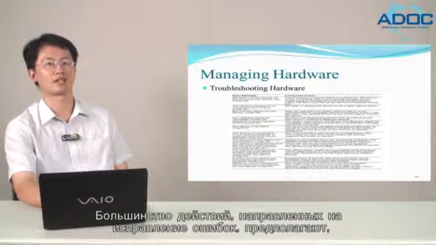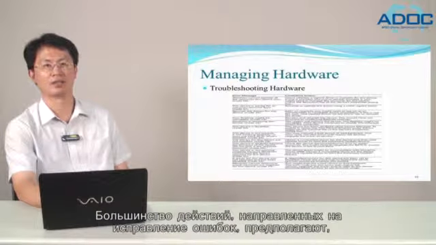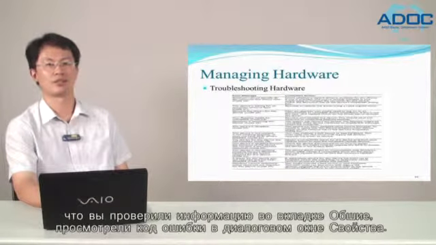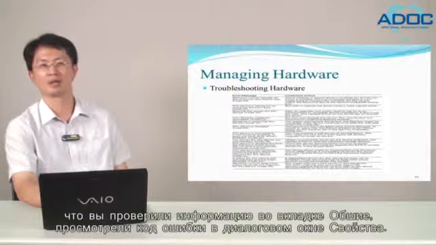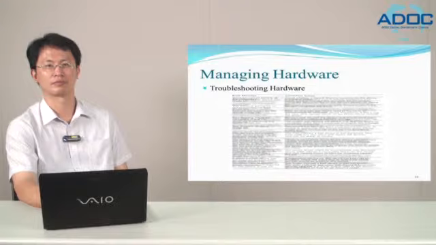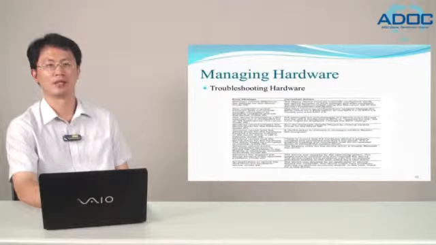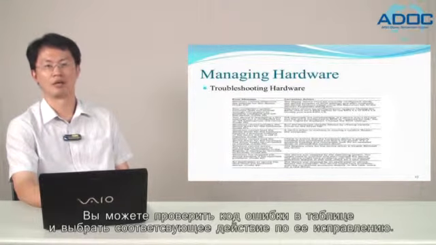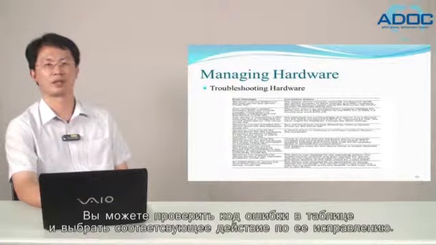And most of the corrective actions assume that you have selected the General tab from the Device Properties dialog box. And you can check the error message and take the corrective action from the tables.